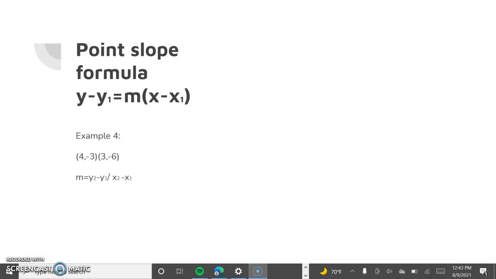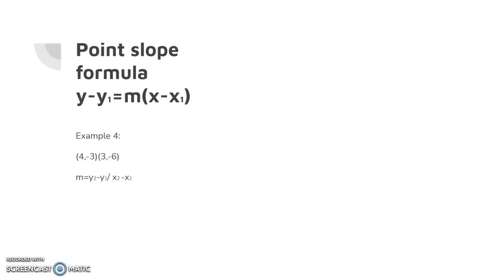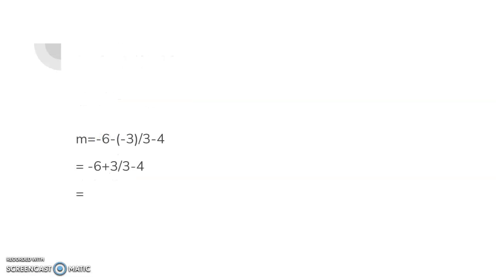So we're going to be using the formula of y2 minus y1 over x2 minus x1, and that's going to give us our slope. So using both of the coordinates above, 4 and -3, and then 3 and -6, and we're going to be subtracting it, so if it already has a negative sign, that's going to be plus, and that is going to be shown right here.